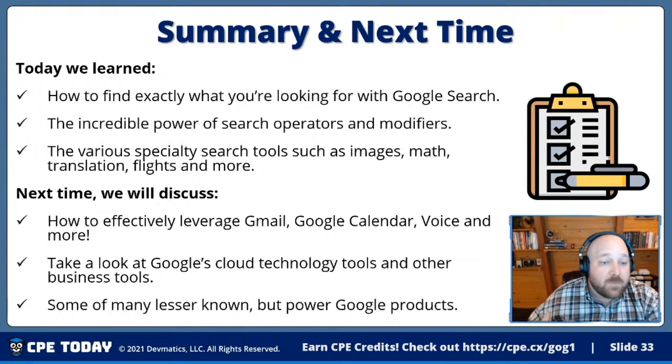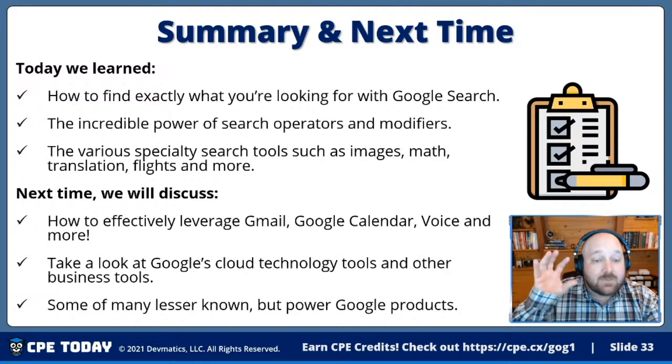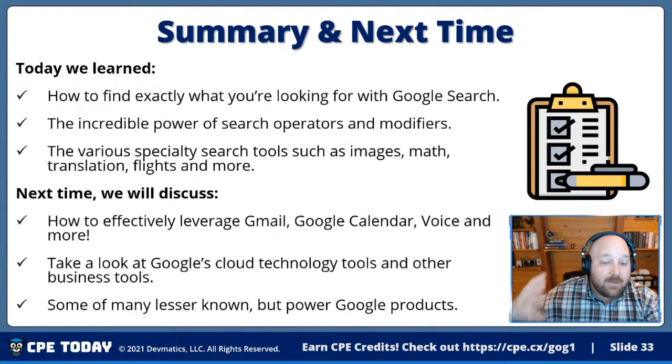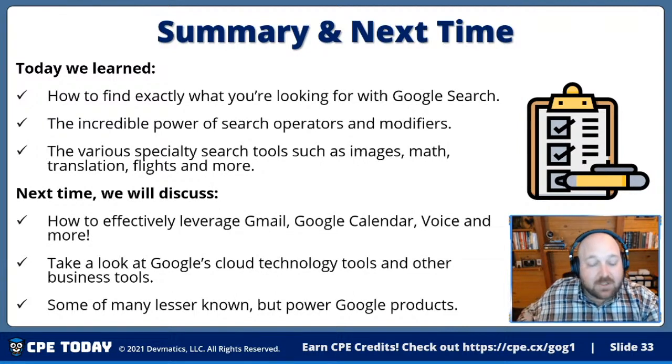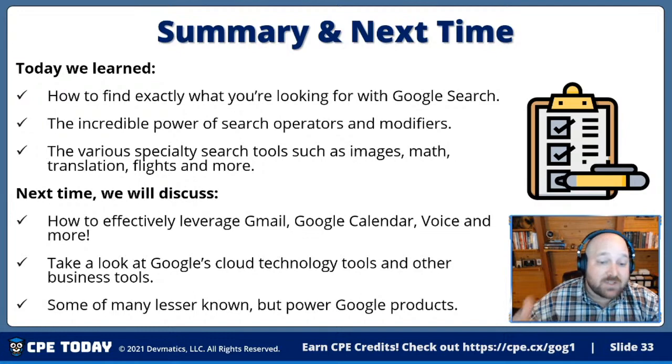Now, this is just the first part of an ongoing series. In the future, we're going to look at the specific products within Google, which I think are really useful. For example, Google Calendar, Gmail, Voice, and others are fantastic tools that not enough people know how to use effectively. We're also going to look at all the other Google services for your business that you can choose to use, as well as some of the lesser known products.